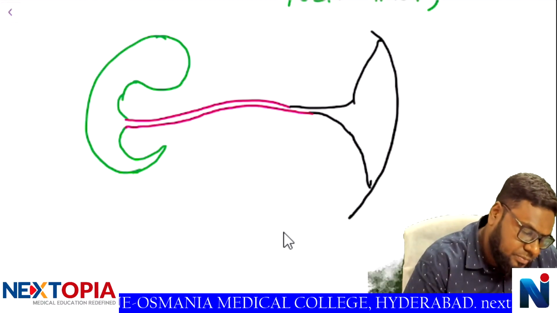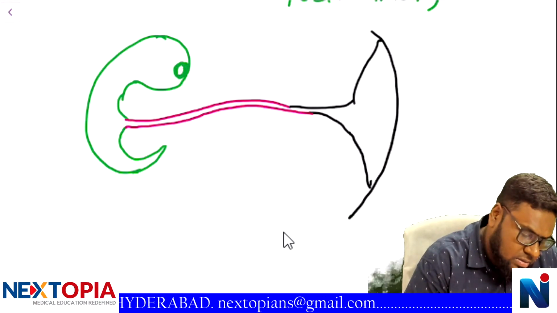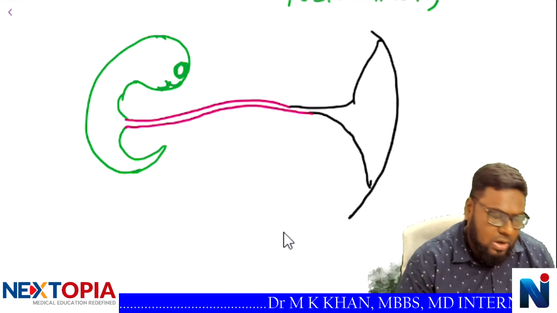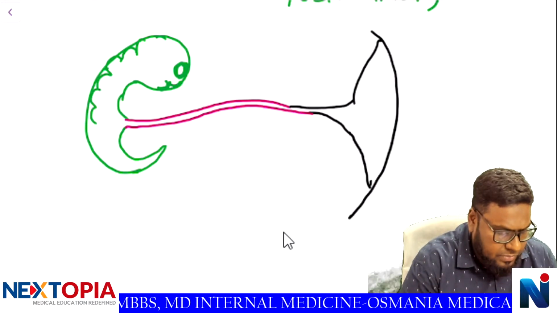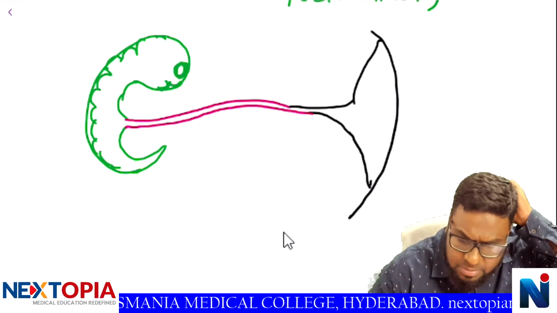This is the growing fetus. You can see the development of the notochord in the dorsal aspect in this area. I'm just drawing an imaginary diagram.